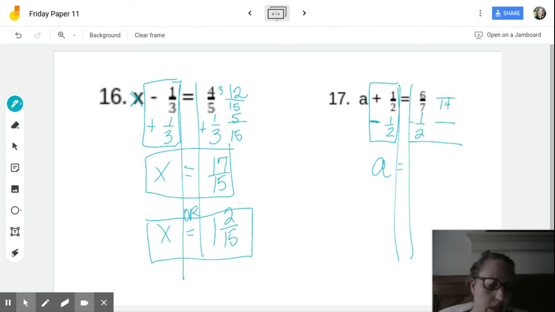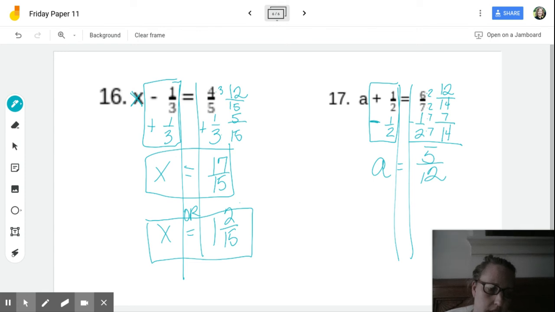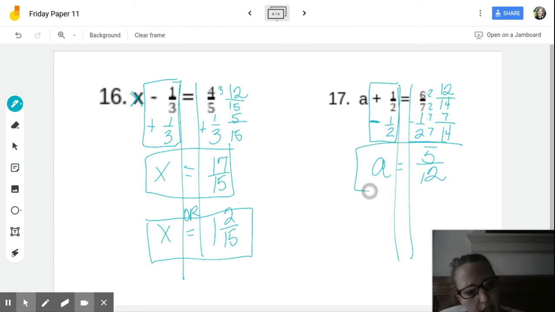I have to get a common denominator here. 2 times 7, 7 times 2, is 12. What's 12 minus 7? 5. Very good. 5/12. Let's check our signs. Looks good so far. A is equal to 5/12.